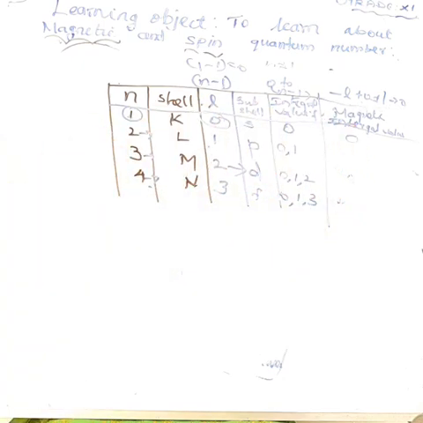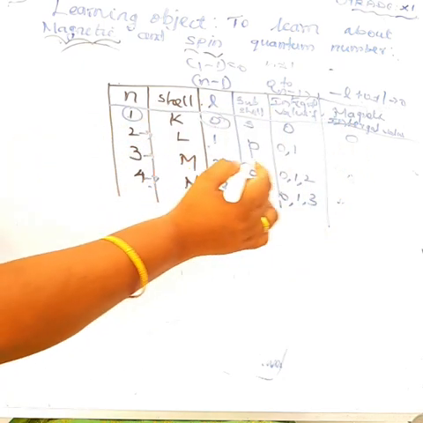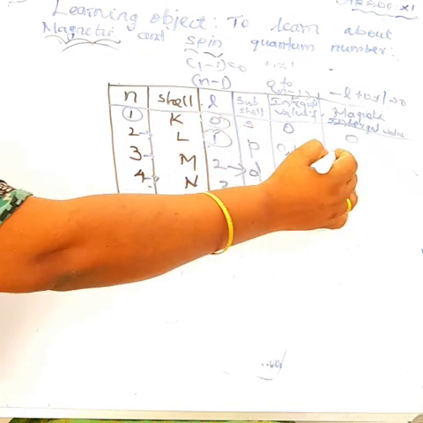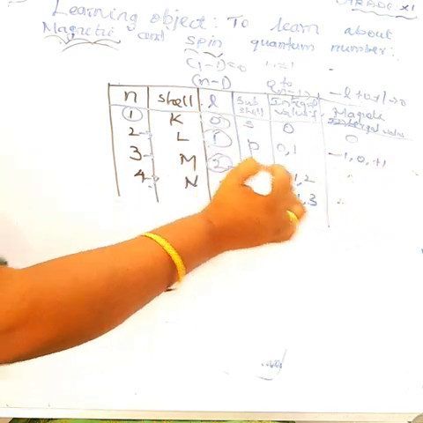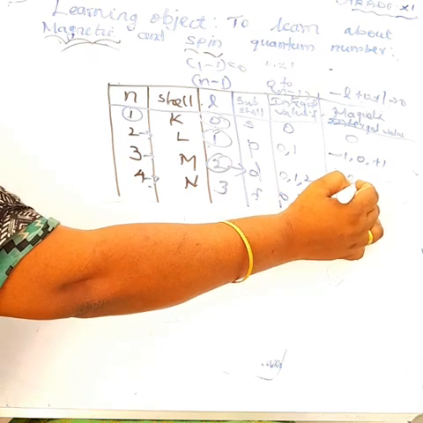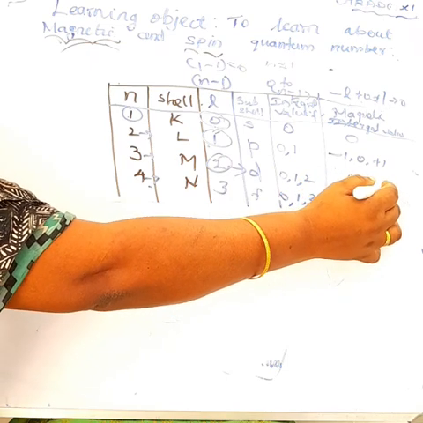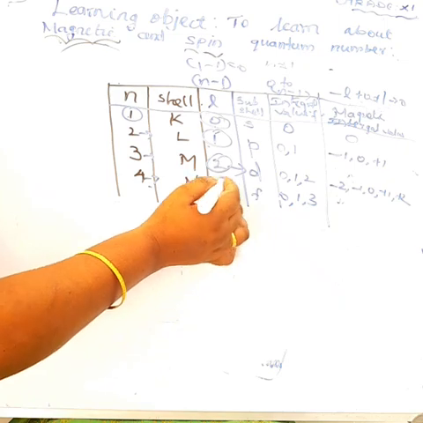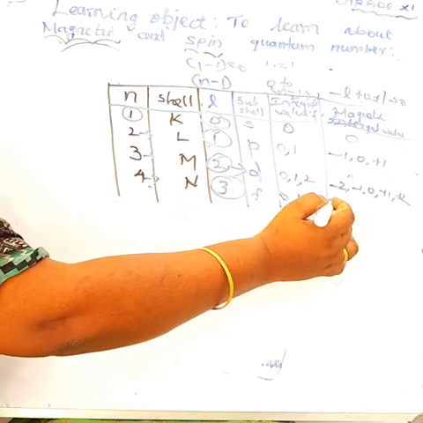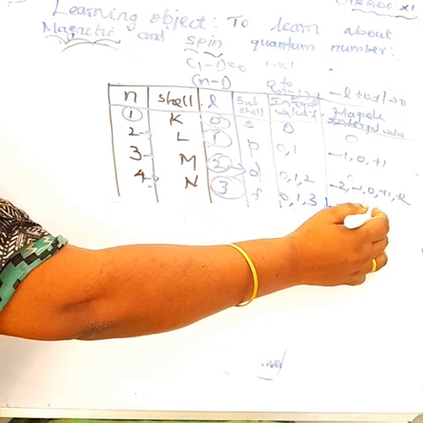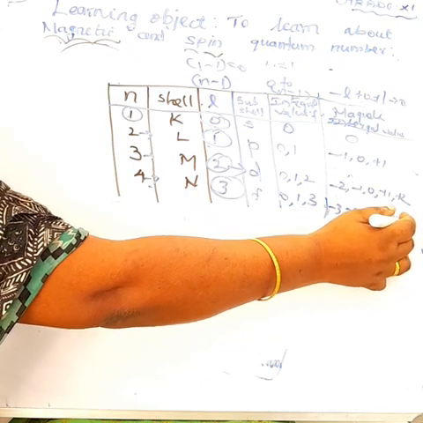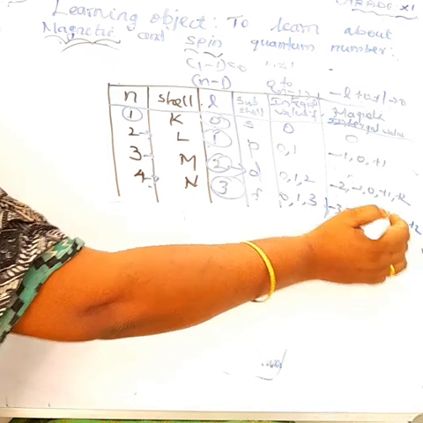When L is equal to 1, minus 1, 0, plus 1. When L is equal to 2, minus 2, minus 1, 0, plus 1, plus 2. When L is equal to 3, minus 3, minus 2, minus 1, 0, plus 1, plus 2, plus 3. These are all the values of the quantum numbers. Okay, all of you note it, very, very important.